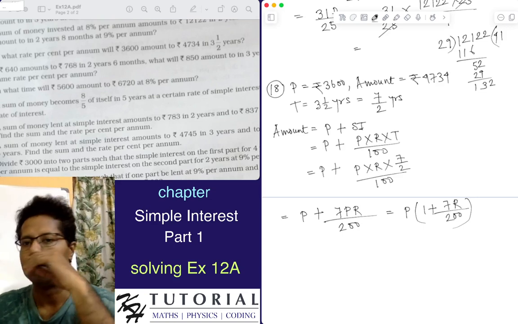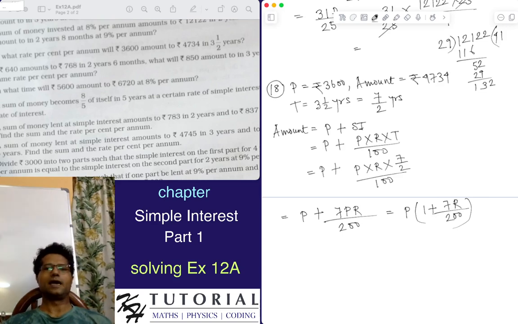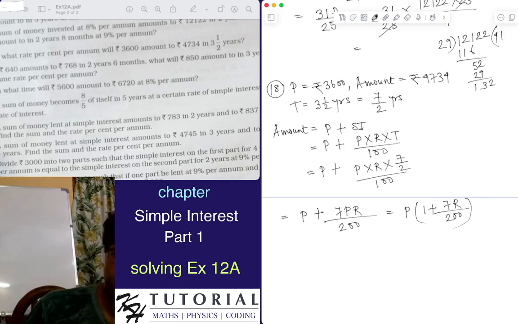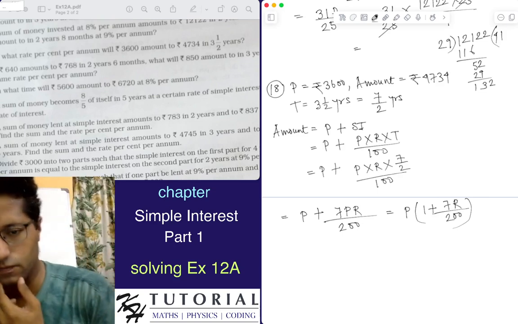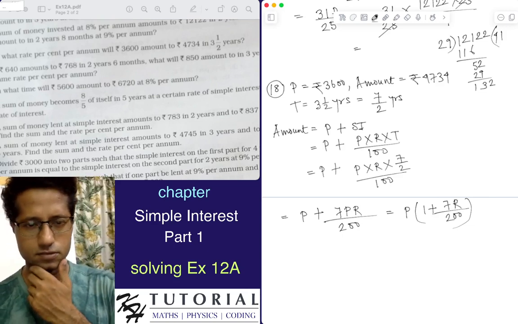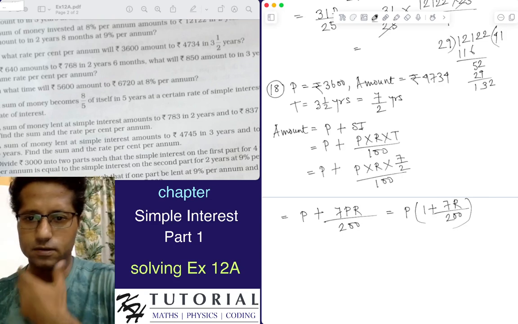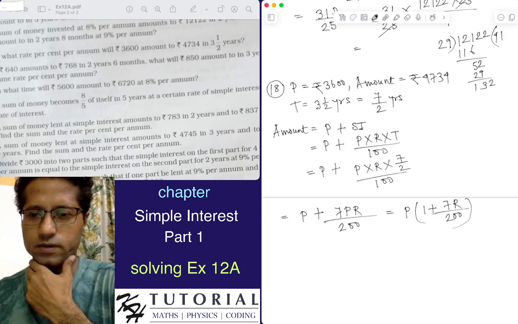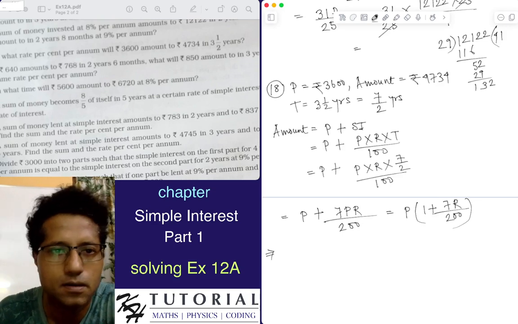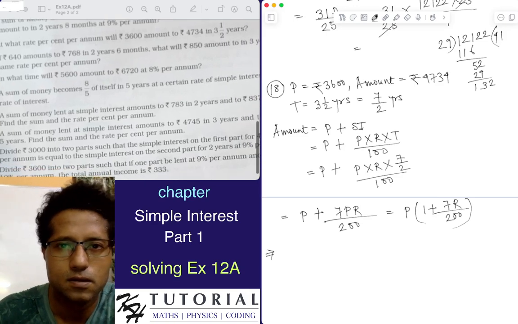Now the problems on simple interest are very calculative. So you have to very patiently calculate all the multiplications and divisions, because there is a high chance you will make some mistakes. So be very patient and do the calculations slowly. Now, we have the amount is equal to P into 1 plus 7R by 200. The amount is given to be 4734 in question number 18.